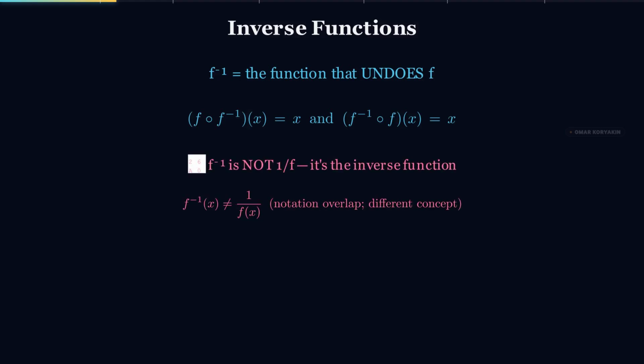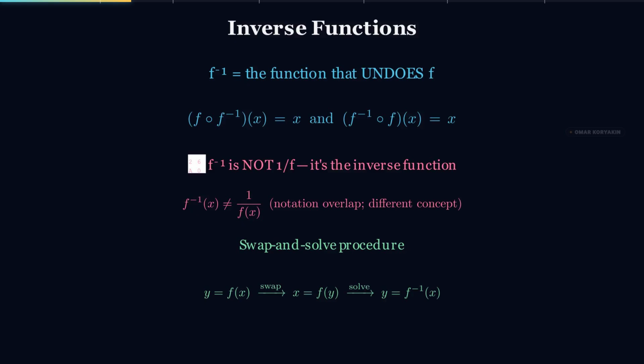Here is the swap and solve procedure for finding the inverse algebraically. Step 1 is to replace f of x with y, writing y equals the rule. Step 2 is to swap x and y everywhere in the equation. Step 3 is to solve the new equation for y in terms of x. The result of step 3 is the rule for the inverse function f to the negative 1 of x.